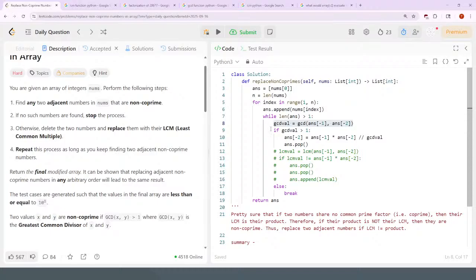Yeah. So I think what that means is the GCD value is greater than 1.